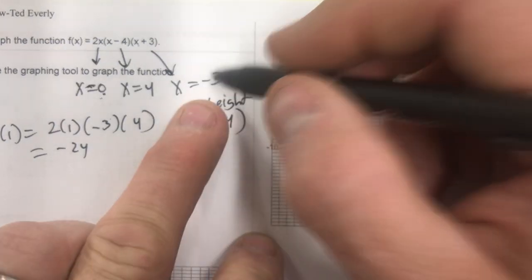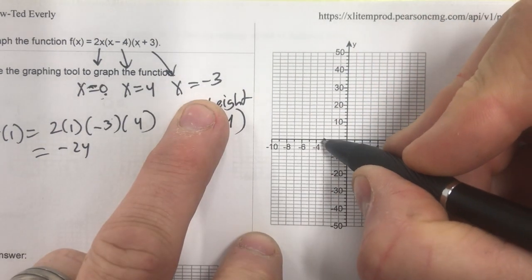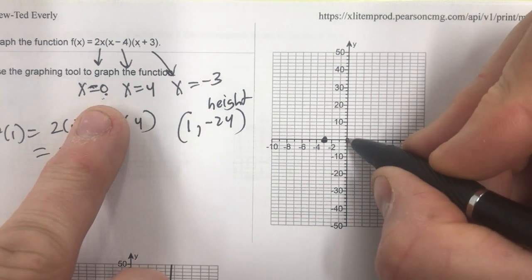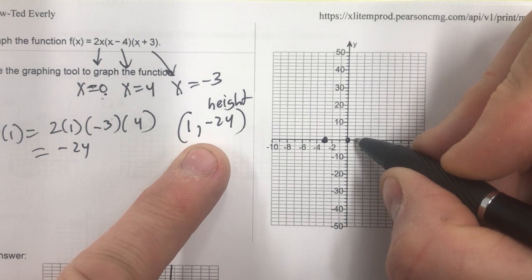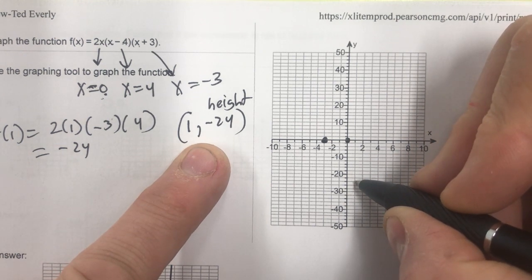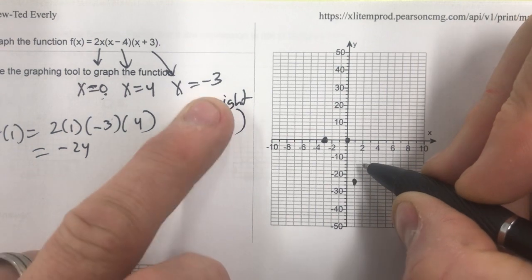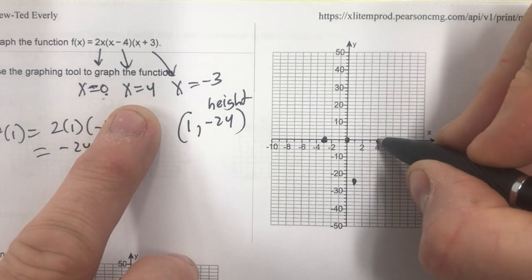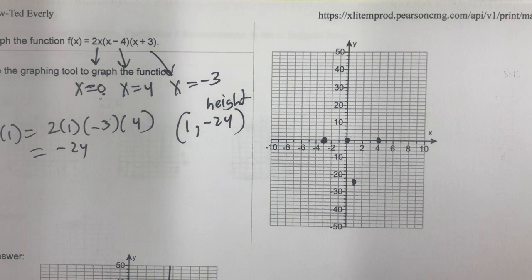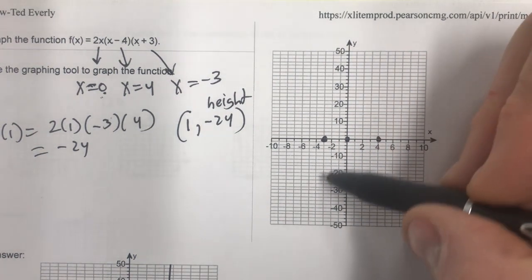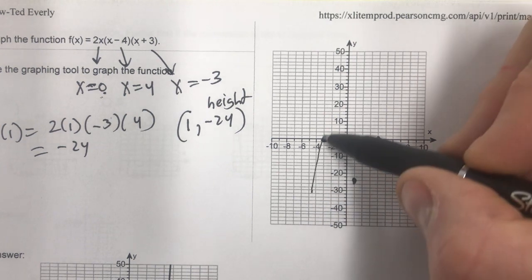The furthest to the left would be -3, so I'd plot that one. And then I'd have 0, 0. And then the 1, -24, which would be down here. And then the 4. So there's these 3 points. And once I draw these 3 points, the computer will generate this and make it do this, like it does here.